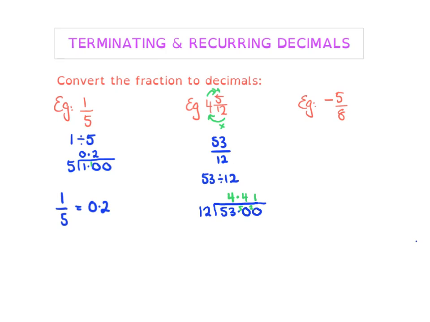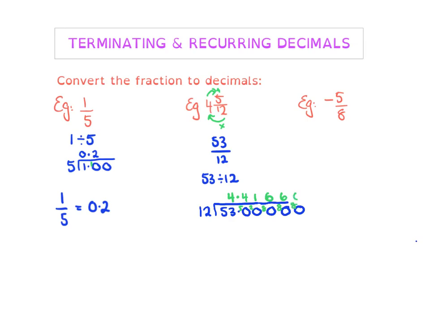Now I need to add some more zeros, so I'm going to do that. So I've got 8 left over, and 12 into 80 goes 6 times, so 6 times 12 is 72 with 8 left over. Then I still keep on getting that 8 left over.